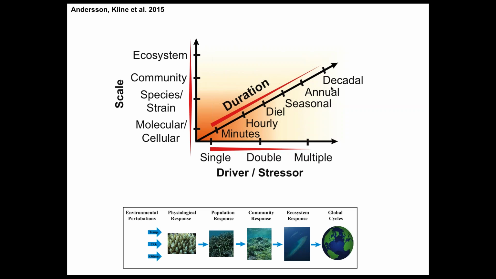And so another way of looking at it is we have these environmental perturbations, which in nature are always multiple stressors, such as temperature, CO2, and other. You get a physiological response, and what we hope to do is move from just looking at the physiological response to better understanding the population response, community response, ecosystem response, all the way up to understanding how all of these different levels affect global biogeochemical cycles.